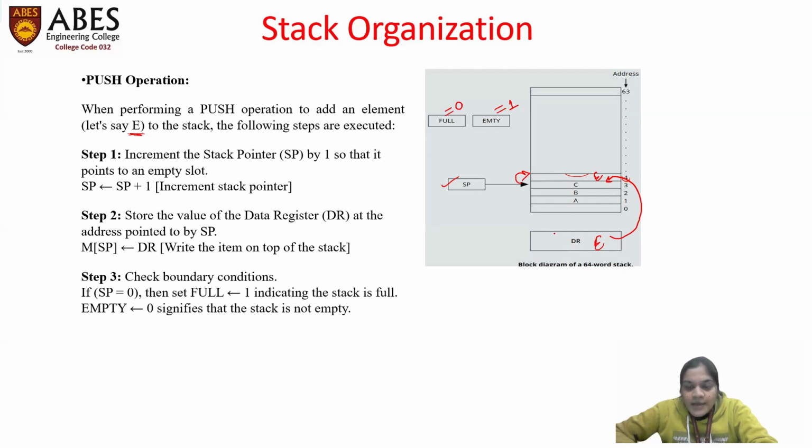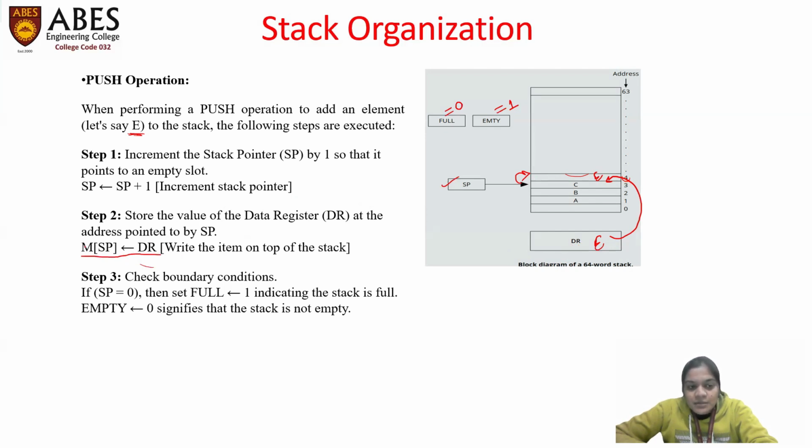So what has happened over here is that the memory space denoted by the stack pointer, the location 4, will be storing the data written inside the data register. That is why we are showing this kind of instruction over here.